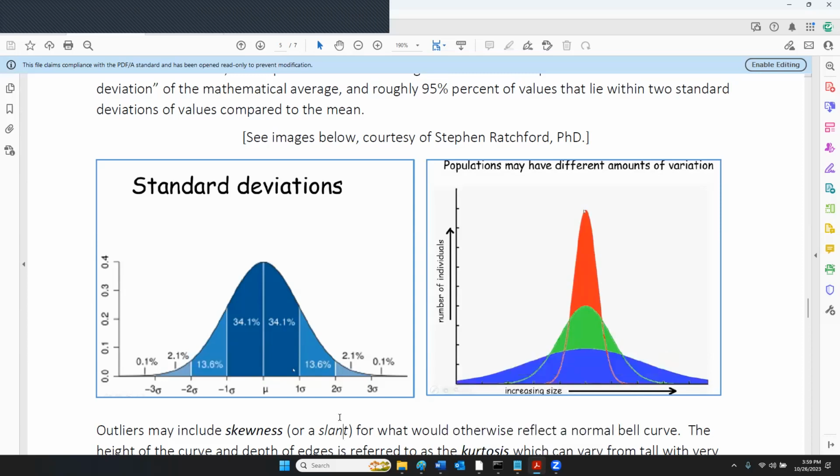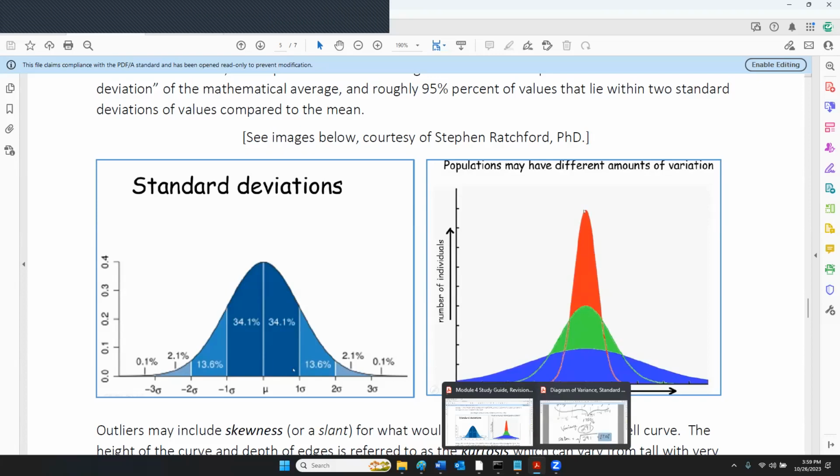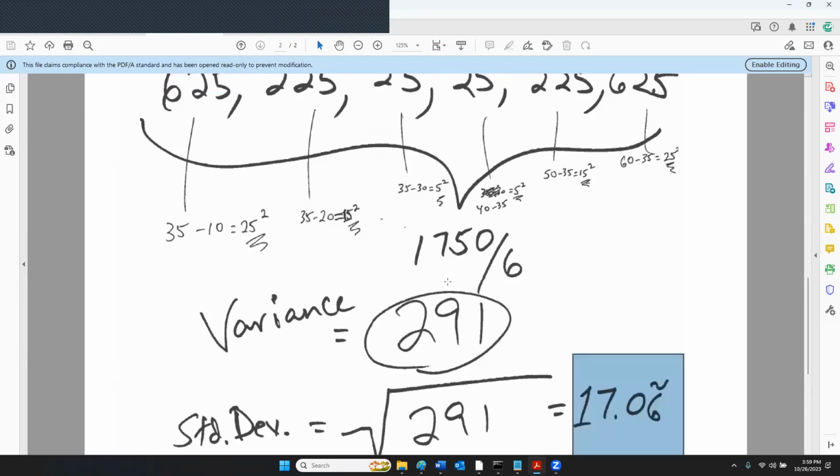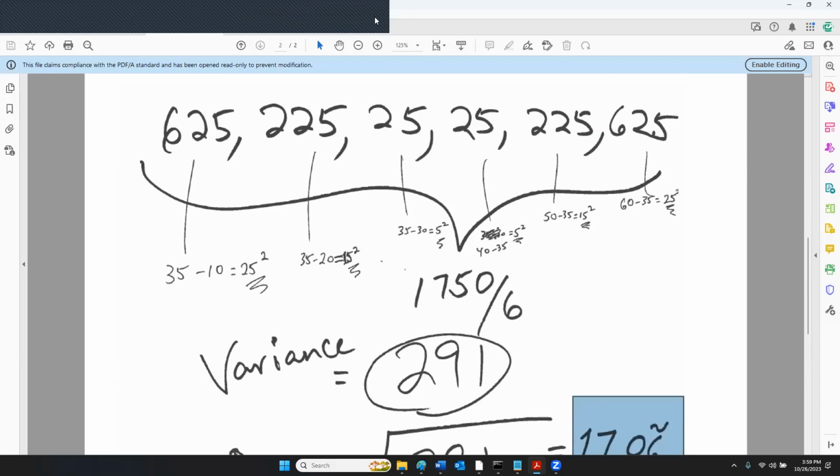Yeah. Okay. Now, if I had a very large standard deviation, instead of a 17.06 standard deviation, if I had a variance that was huge, or actually very small, I take that back. A variance that's very small, right?